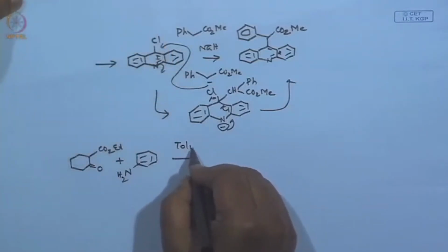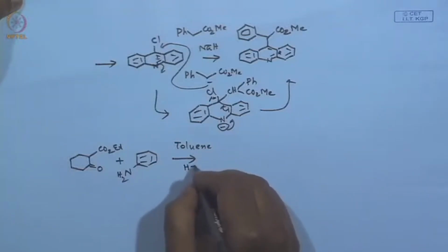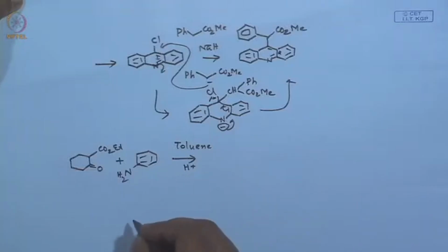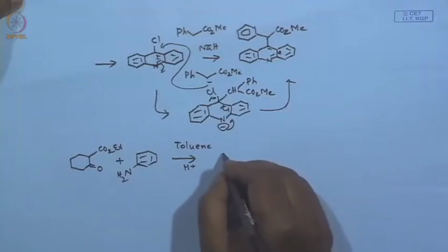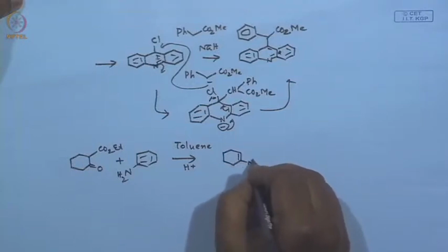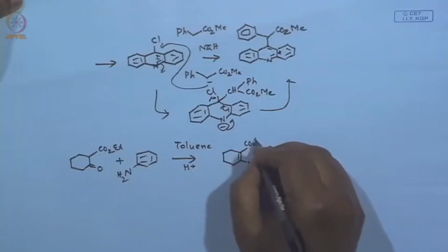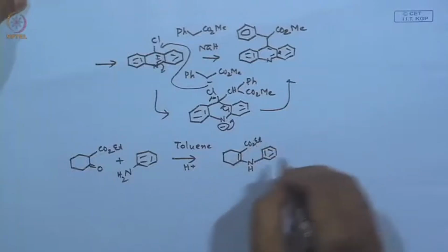Normally for any sort of condensation reaction with an amine, acid is required, not a base. So, paratoluene sulfonic acid. What do you expect quickly? Not really. Immediately what you would expect is an enamine. So, what you get is an enamine and an ester here. What next?